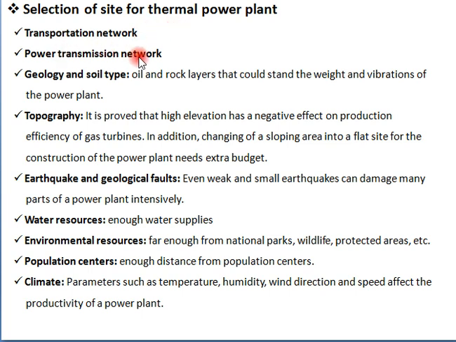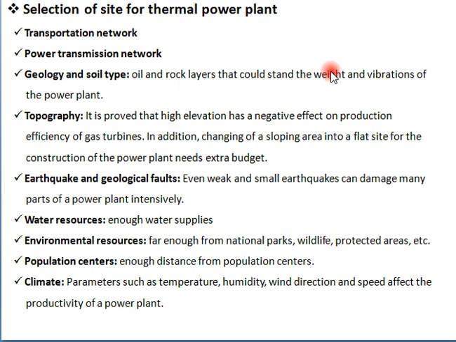The second one is the power transmission network. Your plant should be located in such an area where power transmission can be easily done, because after the construction of the site is completed, the power is produced and transmitted to the region where it is needed.